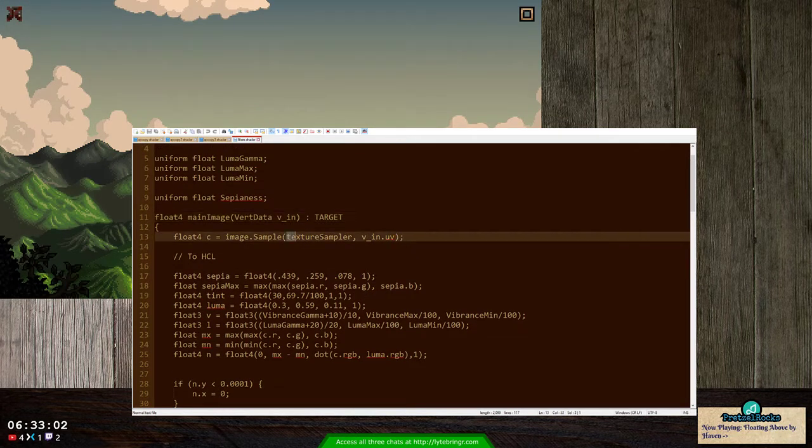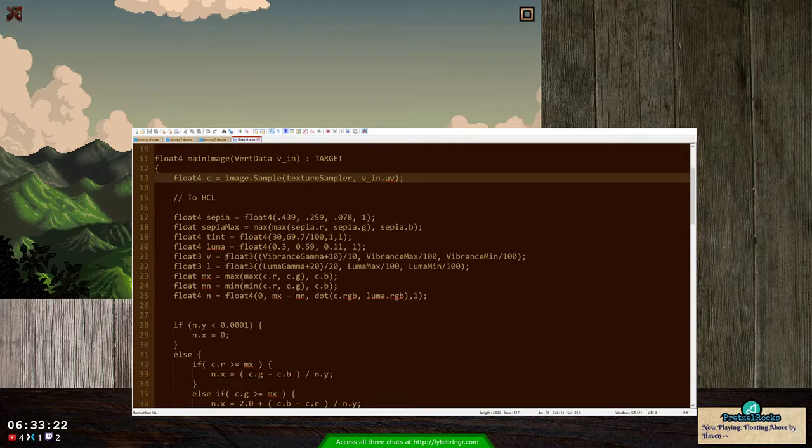Now, I'm not 100% on this texture sampler here, and where that comes from and what it's able to do. Image.sample just lets us get the current value at this current location, and we put it into C for color.